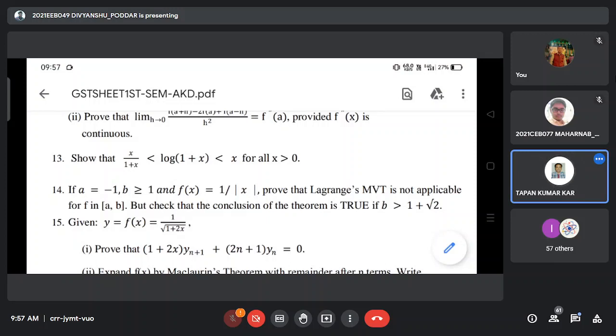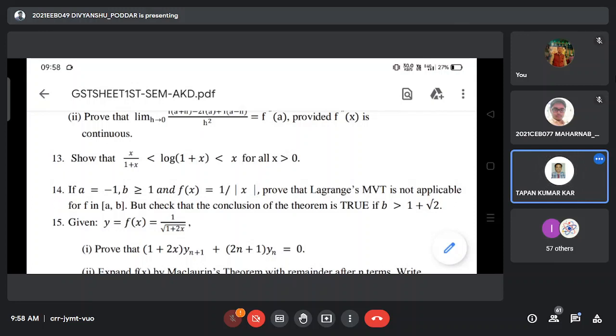I think so, because if you consider the interval a equal to minus 1 to b and check whether Lagrange's theorem is applicable in that interval, then it is not applicable because it contains 0 again, so it is not continuous.